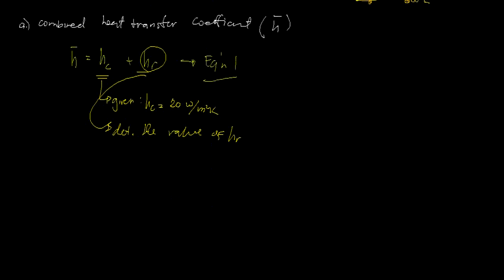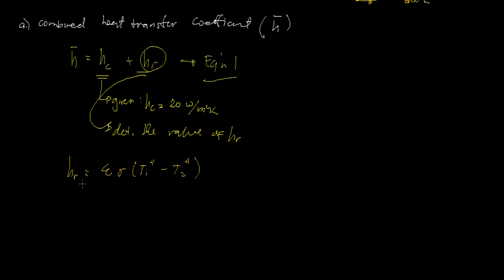To solve for HR, our formula is the emissivity times the Stefan-Boltzmann constant times the temperature 1 raised to 4 minus the temperature 2 raised to 4 also.